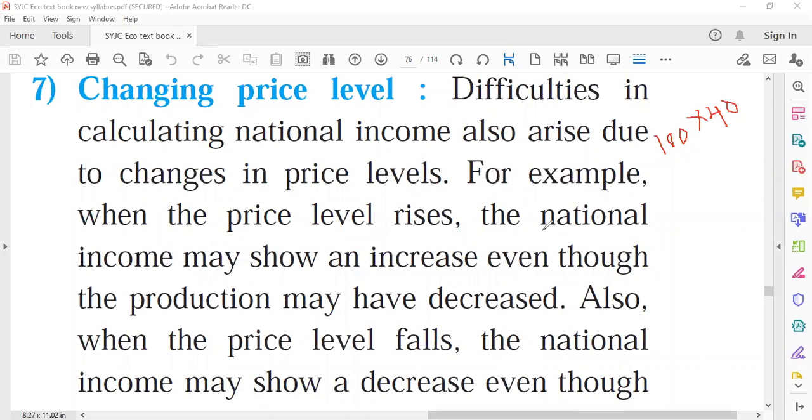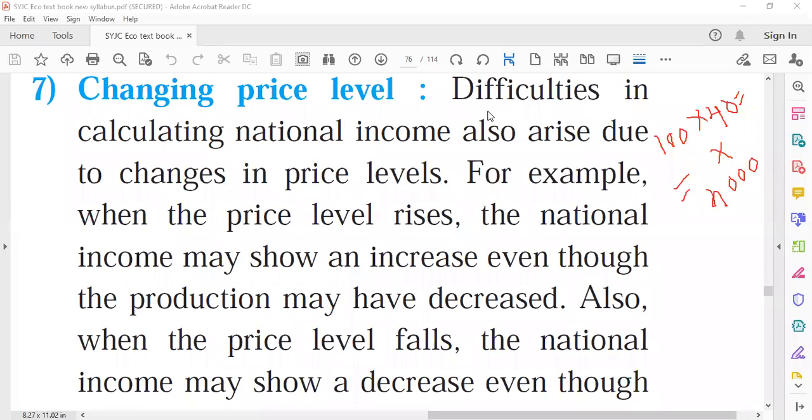But now if the prices of a commodity increase, तो अभी हमको वैल्यू कितना मिला? 40 into 100, we got the value of national income, that is 4,000 rupees. हमको कितना वैल्यू मिला एग्रीकल्चर प्रोड्यूस का? 4,000 rupees.